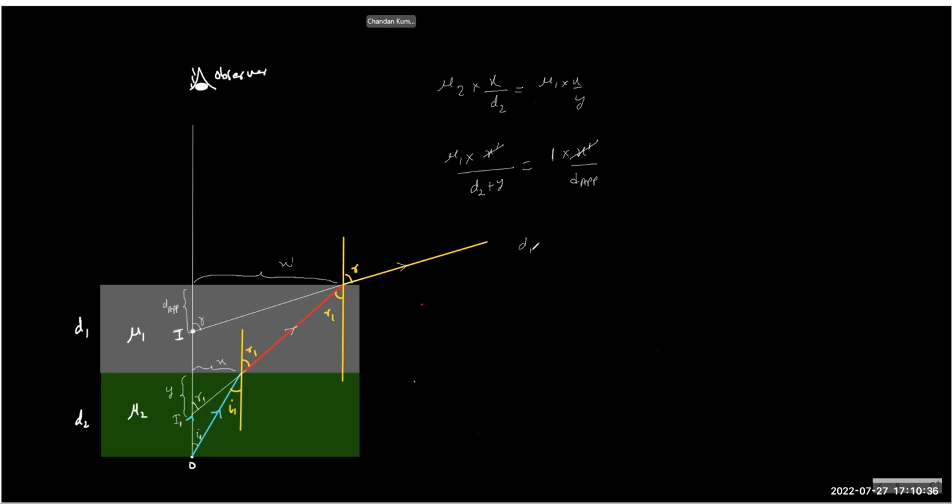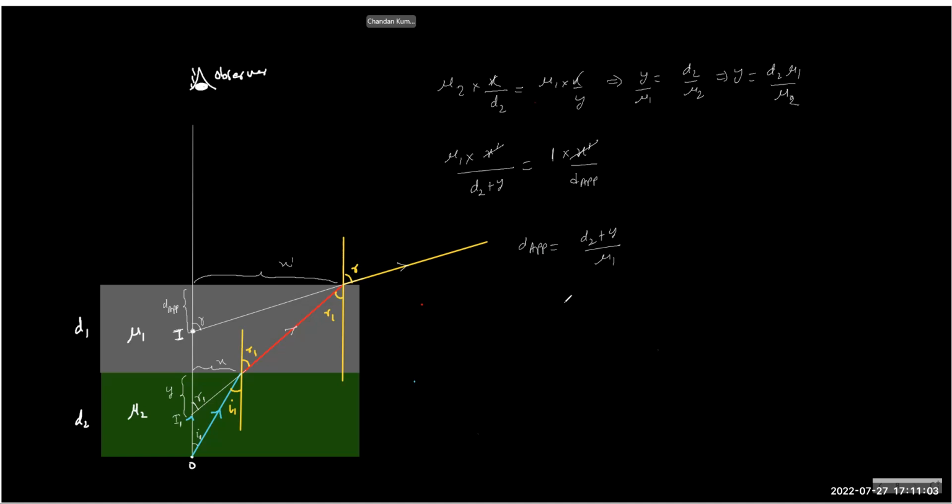So d apparent turns out to be d2 plus y by mu1, and y by mu1 is d2 by mu2. So y turns out to be d2 mu1 by mu2.